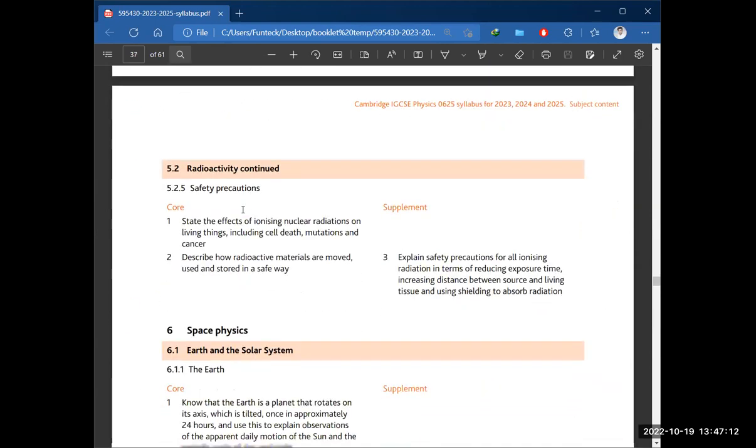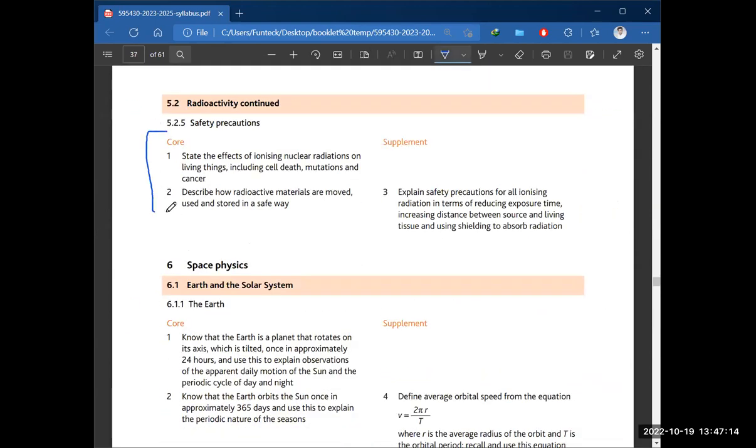I want you to read this part. Ayan, start. Core: state the effects of ionizing nuclear radiations on living things, including cell death, mutations, and cancer. Describe how radioactive materials are moved, used, and stored in a safe way.